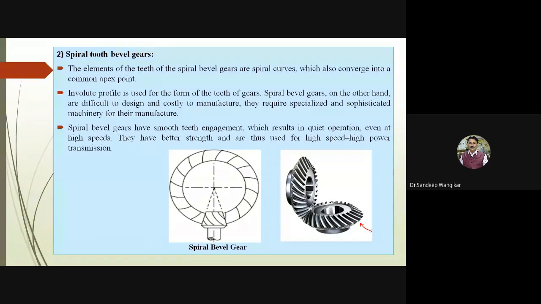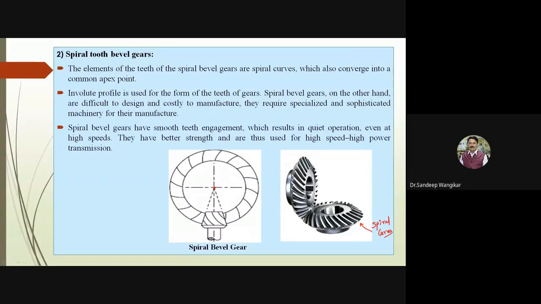So curved teeth are there, spiral curved, and they are again meeting at one common point.